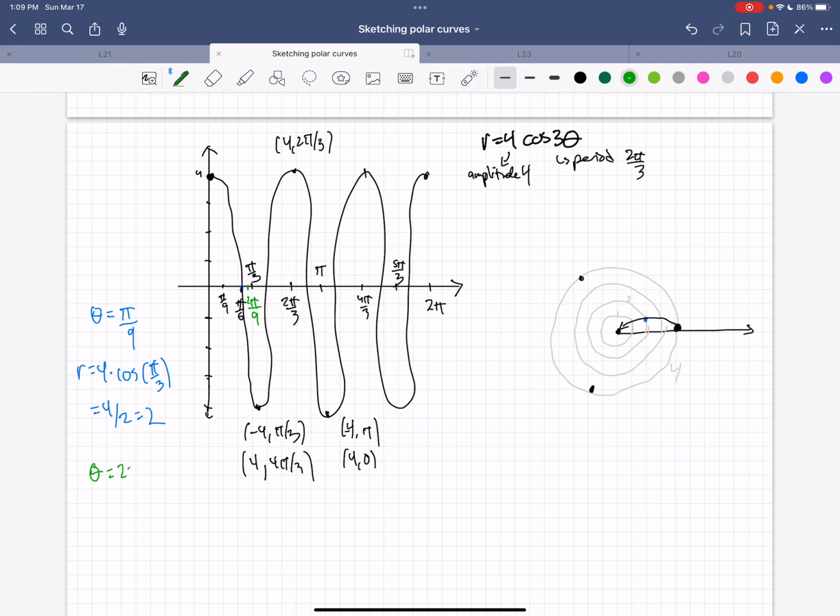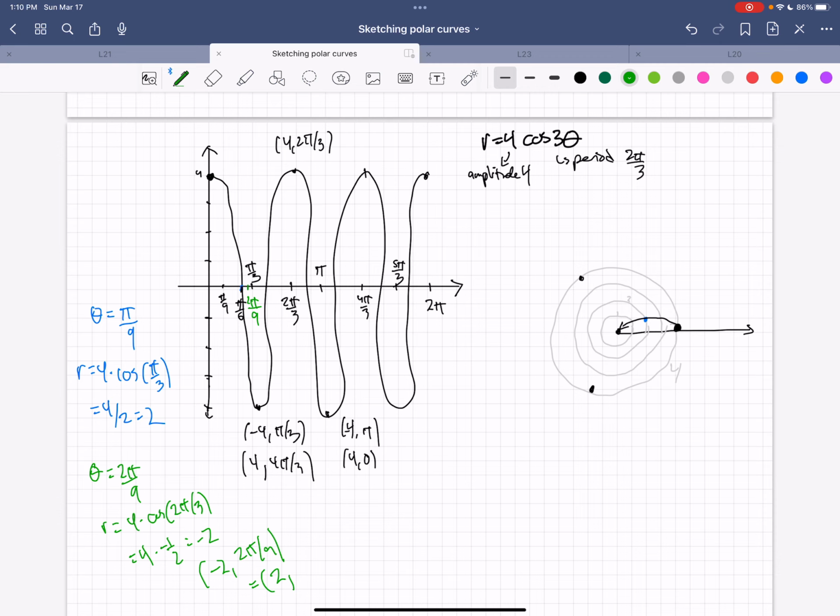When theta is equal to 2 pi over 9, r is going to be 4 times cos 2 pi over 3, so 4 times negative 1/2, so negative 2. That gives us the point negative 2 at 2 pi over 9, which is the same as 2 at, and then I can go either plus or minus pi to this.